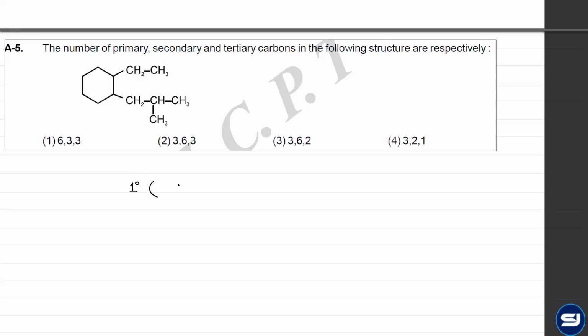So out of 4 valences, अगर एक bond carbon से attached है, तो remaining 3 for a hydrocarbon will be satisfied with 3H. मतलब primary in an alkane is CH3. Secondary will be CH2, tertiary will be CH, and there is one more called quaternary, in which there is no hydrogen present.